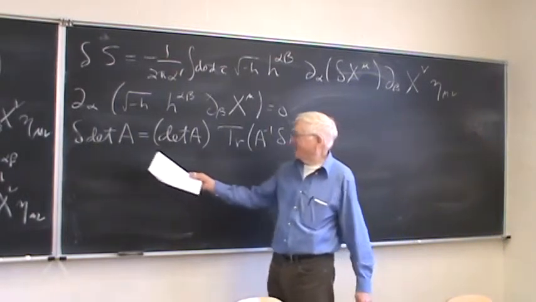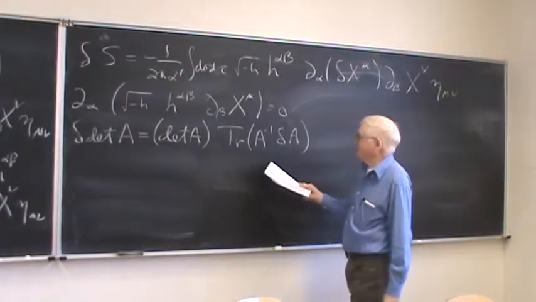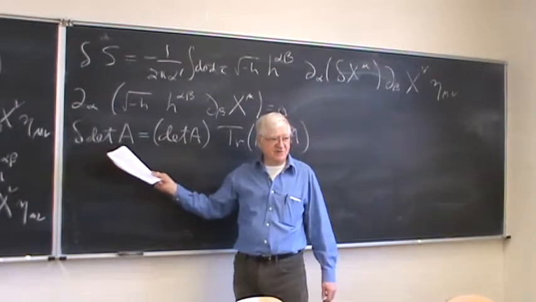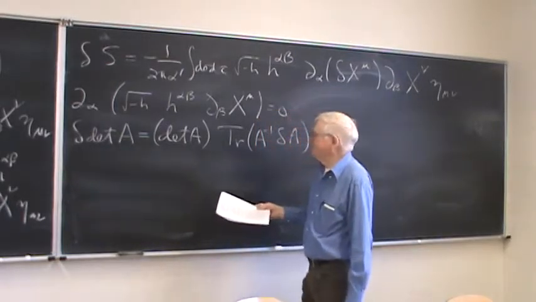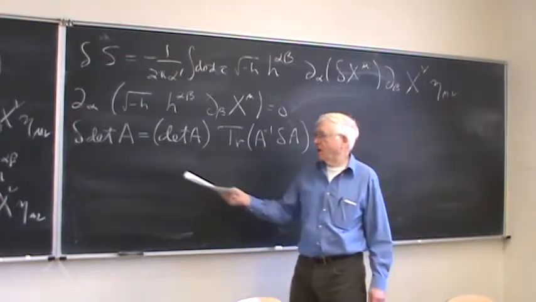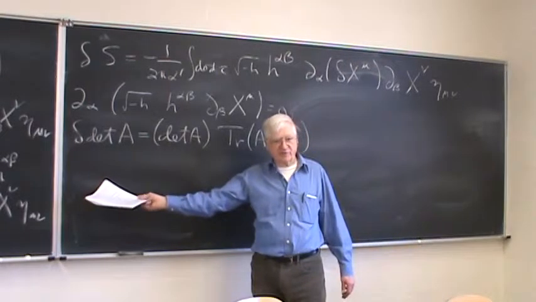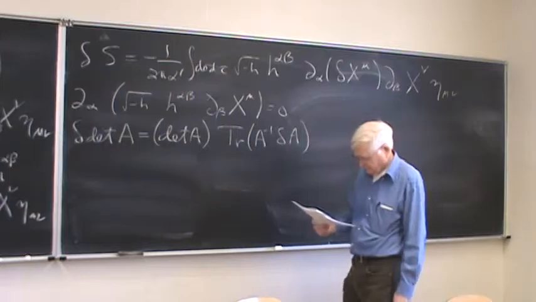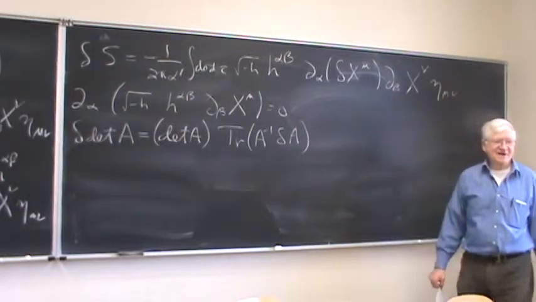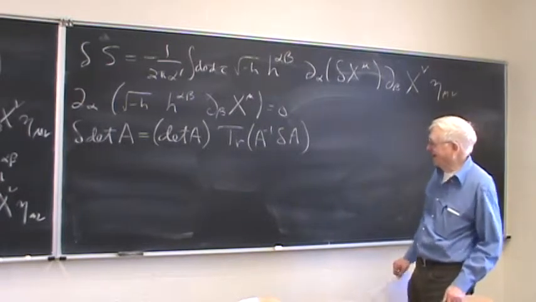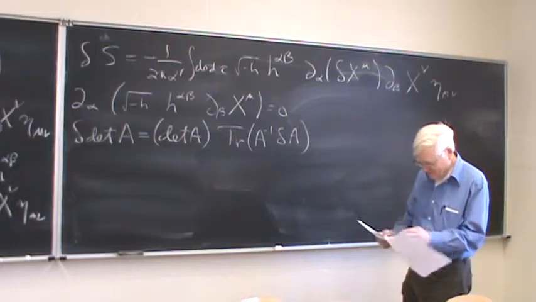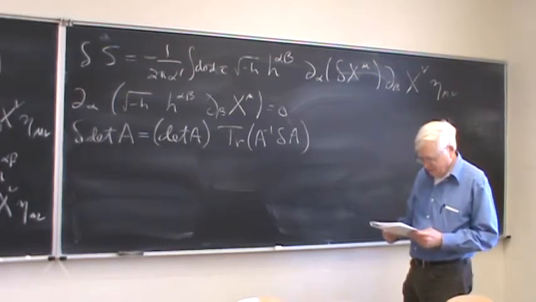He said the variation of the logarithm of the determinant of x is the trace of x inverse variation of x, because it's a logarithm, it kicks out a 1 over determinant. And I just sat there and said, where in God's name did that come from? But since Schwinger said it, we were sure it was right.